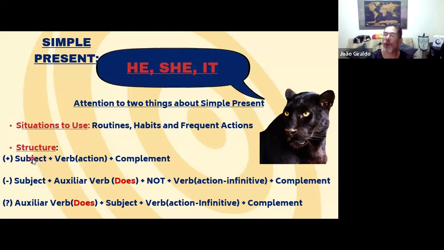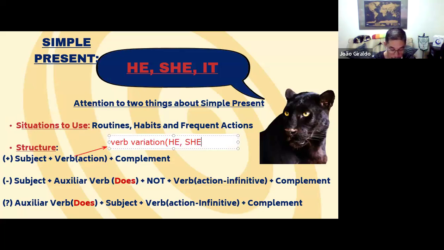In affirmative, we have equal structure: subject, verb, and complement, but the verb in affirmative for he, she, and it, this verb here, suffers a verb variation.